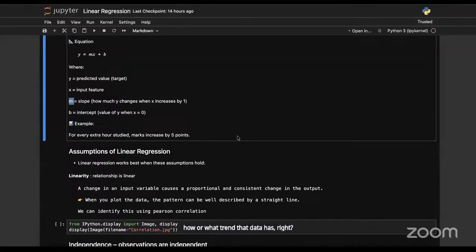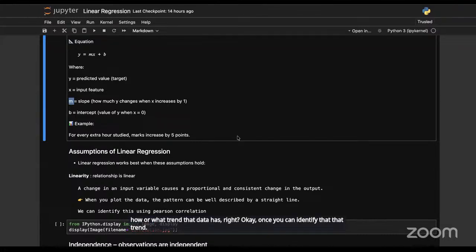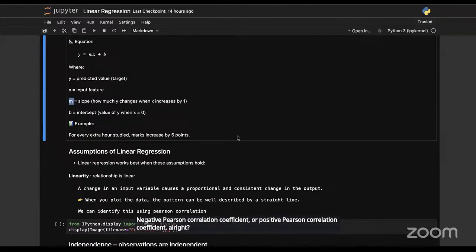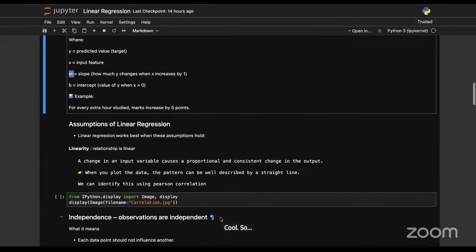Okay, once you can identify that that trend is moving upwards or there's some sort of trend either straight upwards or down, that could be either a negative Pearson correlation coefficient or a positive Pearson correlation coefficient, all right? Cool. So sometimes when you are plotting this data in a scatter plot, you may not see those trends.